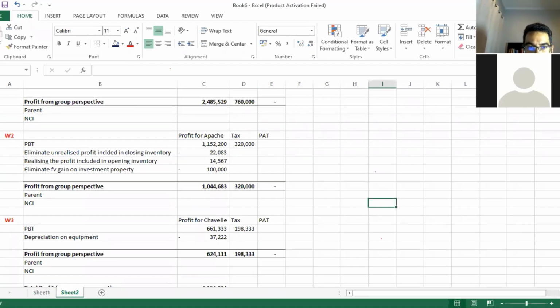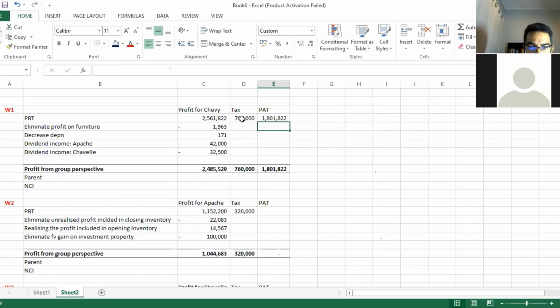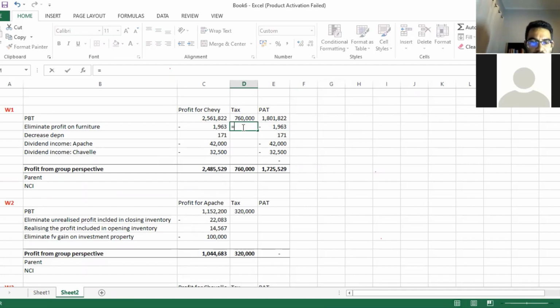Then my profit after tax is simply going to be equal to profit before tax minus tax. Okay, so I can drag this down. I'm using Excel, so I can drag down, fortunately. Now let's deal with tax. So I'm just going to say that multiplied by 28%.